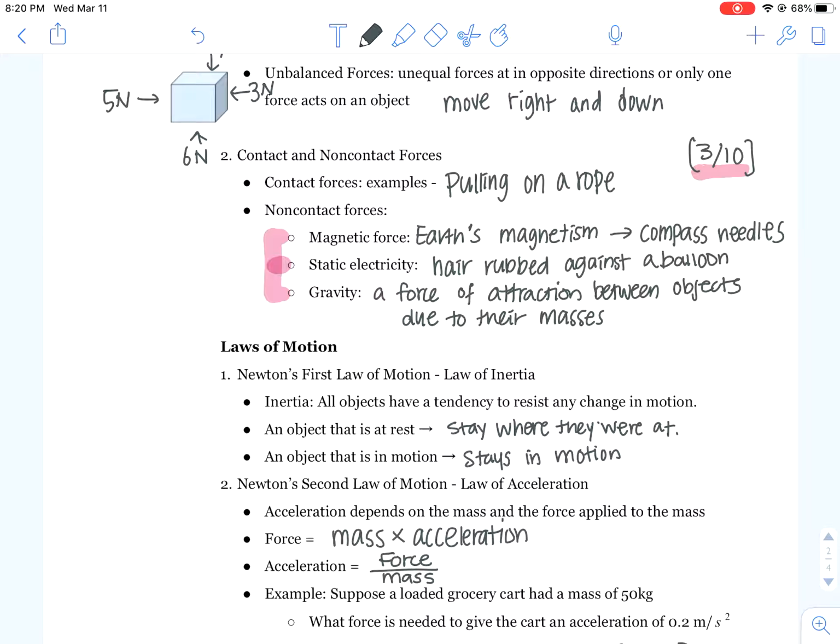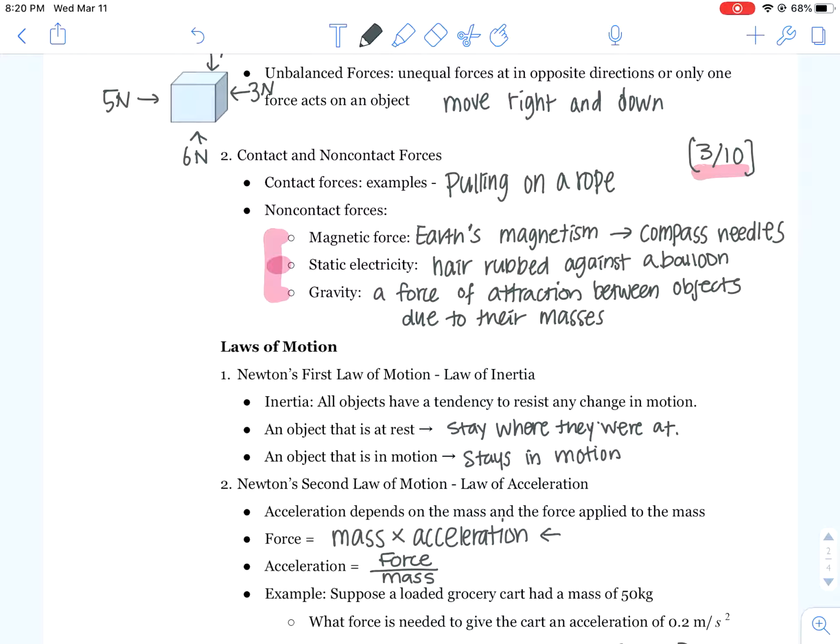In order to find acceleration, you'll have to think of this as math equations in a sense. Because if you notice from this equation, if you want to leave acceleration by itself, you would want to undo or do the reverse operation.